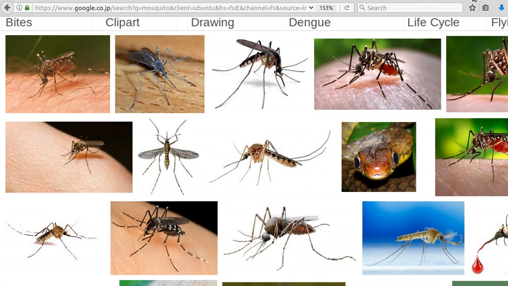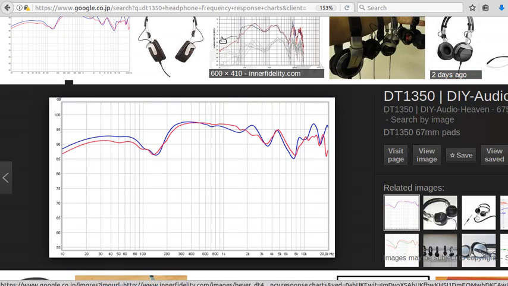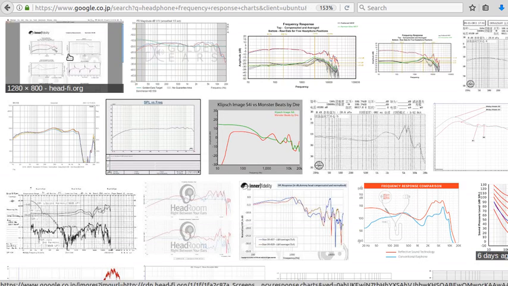So this curve is an average curve, and it's different for different individuals, for different ears. Then how do we measure the headphones frequency graph, the chart?